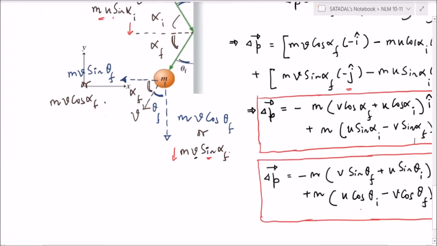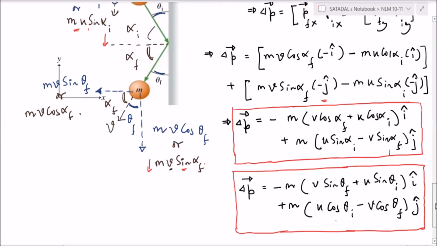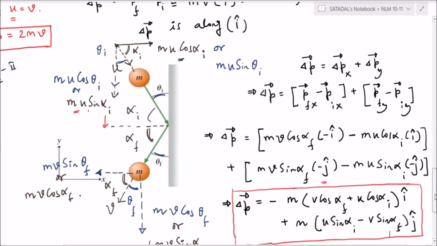Very good. Yes, Rutik? Sir, one scroll up, sir. Diagram only? Diagram only, sir. Okay, sir. Thank you.